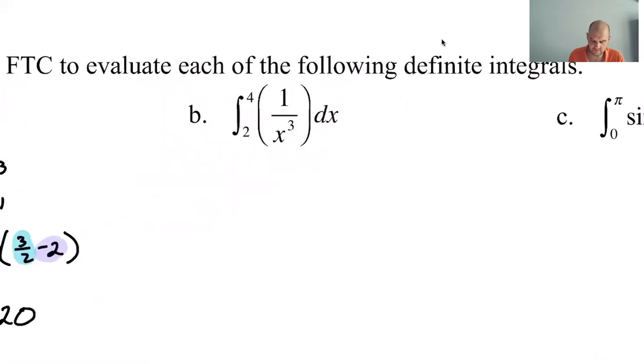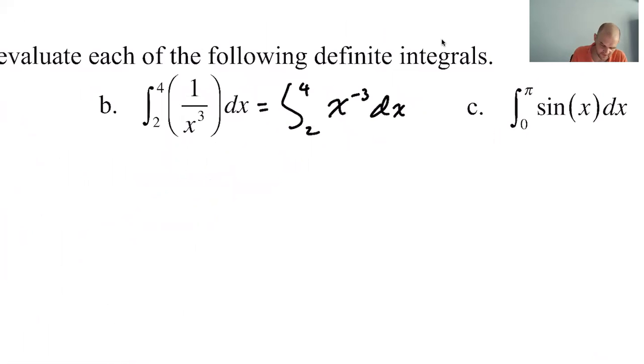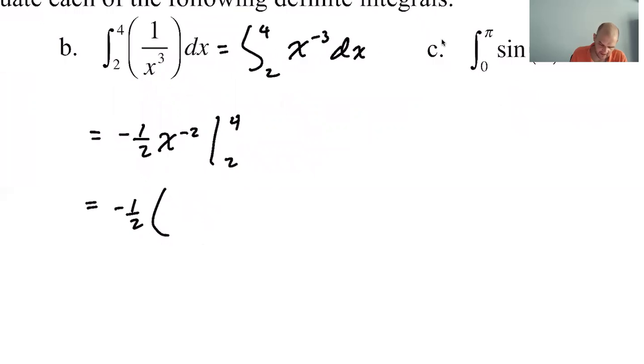If not, don't. This one, your life is easier if you always use negative rational exponents instead of leaving things in denominators. Like this. So plus 1 times the reciprocal, negative 1/2 x to the negative second, from 2 to 4. So I'm going to do negative 1/2, and now I'm going to do 1 over 4 squared minus 1 over 2 squared.